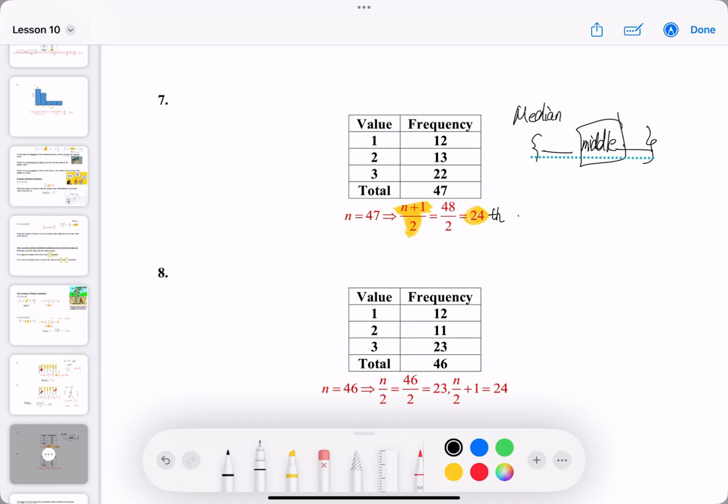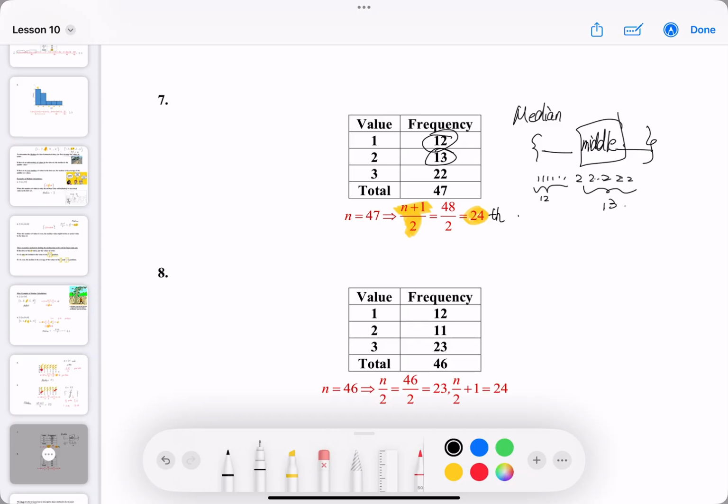Okay, let's see. So we have 12 ones. After 12 ones, we are having 2. After 2, we have 3. So we have 12 ones and 13 twos. So many 2s, all of them together we have 13.